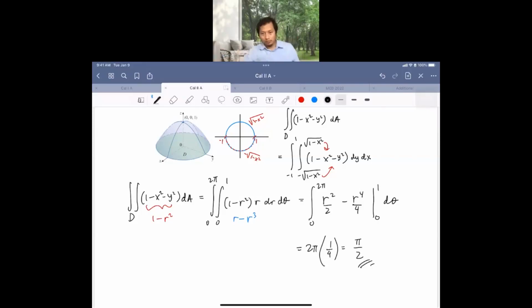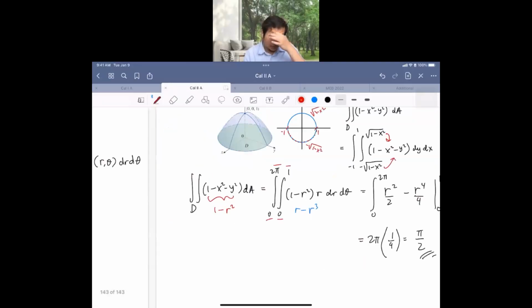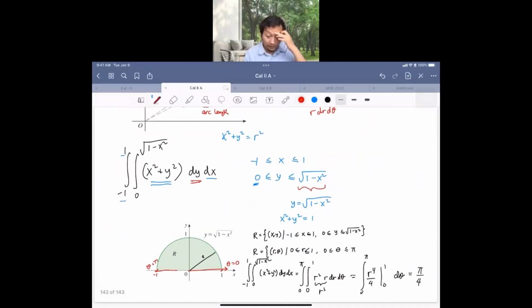So in this example and the previous example, we were all dealing with constants, right? If we look at the polar limits, we see a constant, constant, constant, and this one is also a constant.